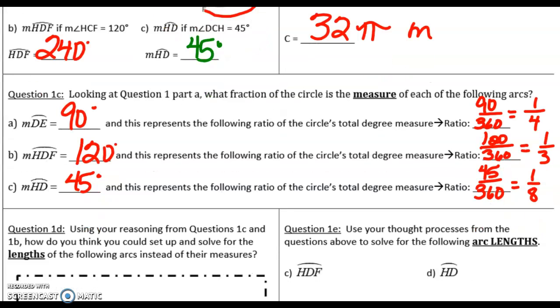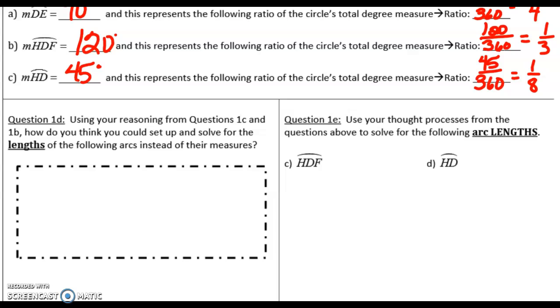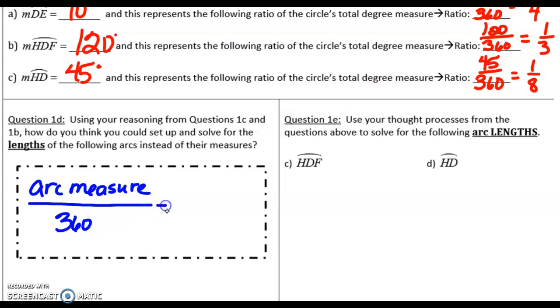So now the big idea is, how do we use that information to figure out what an arc length is? Not an arc measure in degrees, but an arc length. How we're going to do that is set up a ratio. We're going to say the arc measure over the whole circle. Arc measure is in degrees, the whole circle is also in degrees, which would be 360.